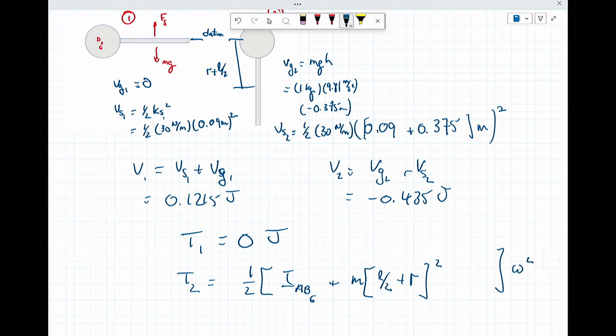And then T2, I'm just doing it about 0.0. And if I do it about 0.0, I just have only the rod dropped, right?